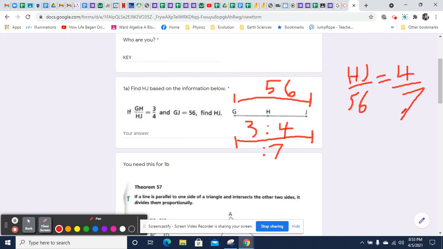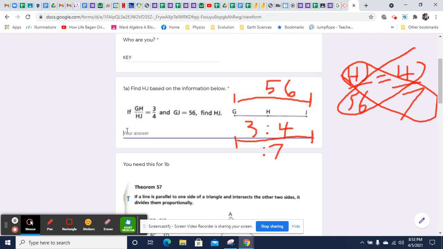to 7. And now the product of the means equals the product of the extremes. And we can start solving this. So that means we got HJ is to 56 as 4 is to 7.